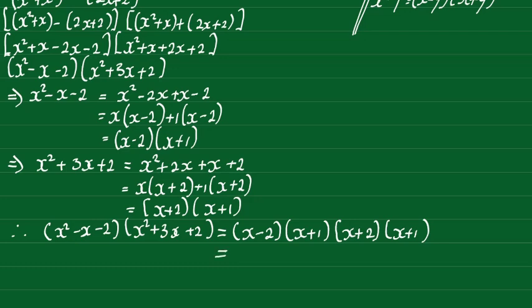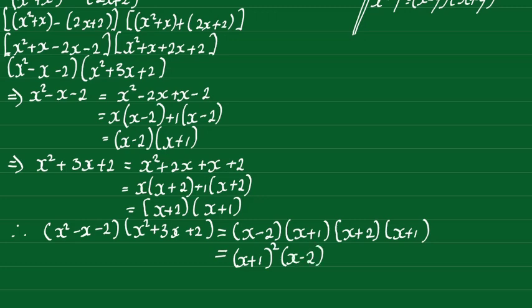Hence, we write our final answer as (x + 1) squared. This is because x + 1 appeared twice. And we open the second bracket where we have (x − 2).